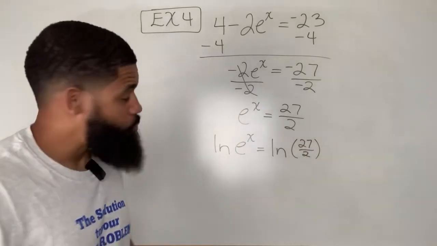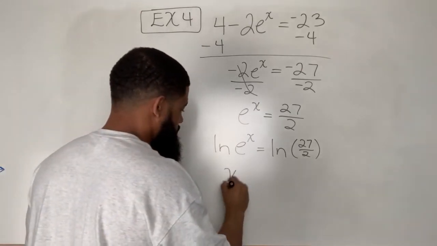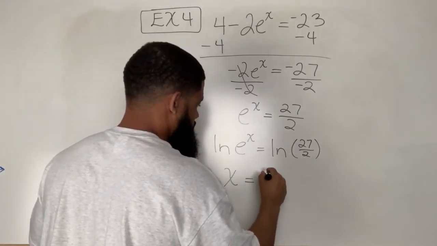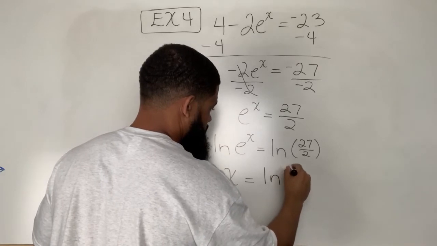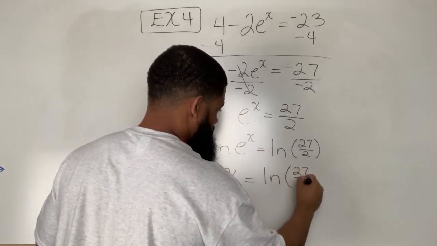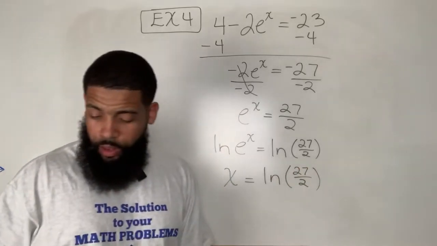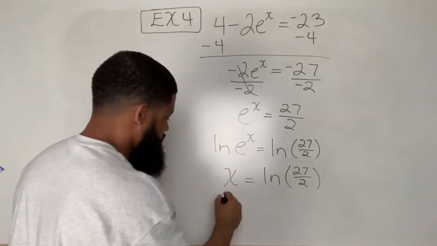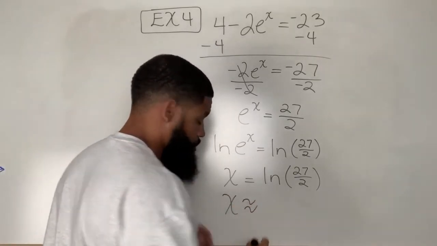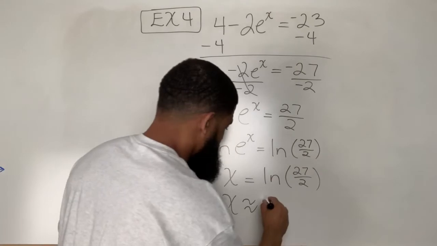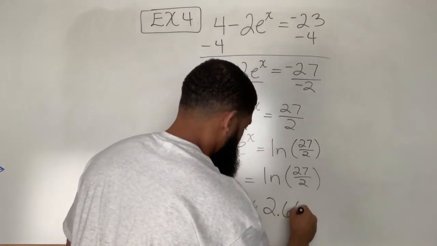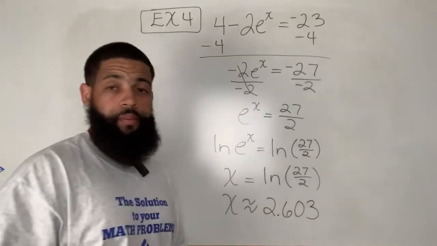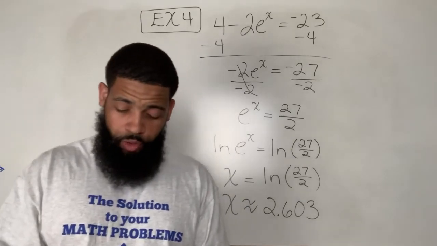That leaves me with x equal to the natural log of 27 over 2, which is approximately, from the calculator, 2.603. I know this one was rather lengthy.